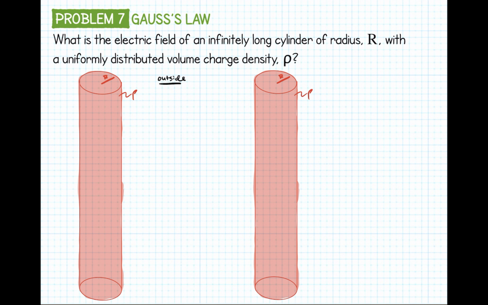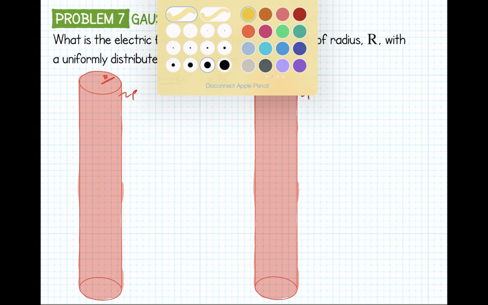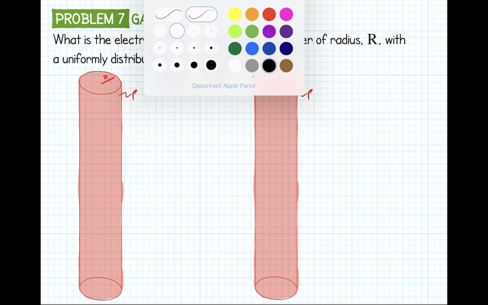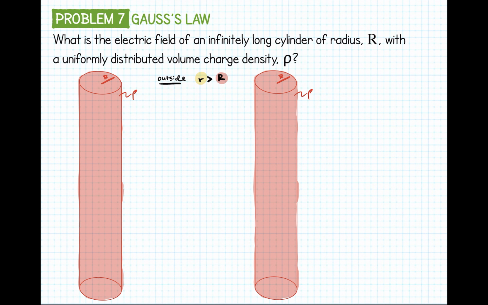So we're going to start with the electric field outside because that one's going to look pretty familiar. And for that, we are going to need a radius for our Gaussian surface where r is greater than capital R, where this is capital R. Remember, our Gaussian surface we're going to represent with this yellow thing. So we'll draw our Gaussian surface as a cylinder that goes around the cylinder we already drew.